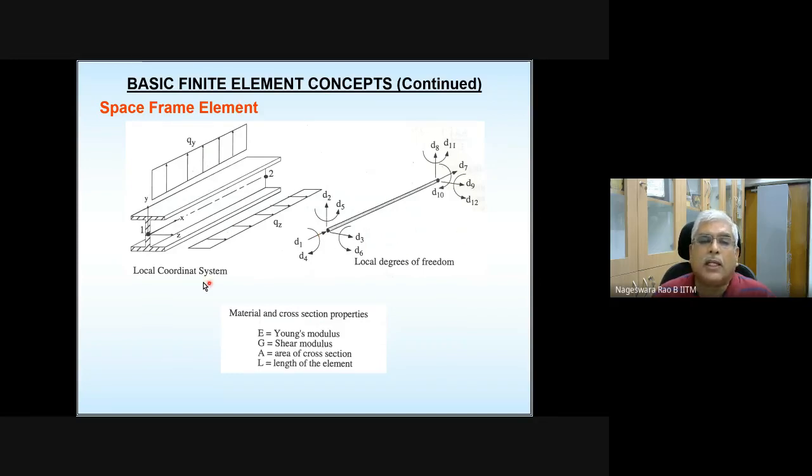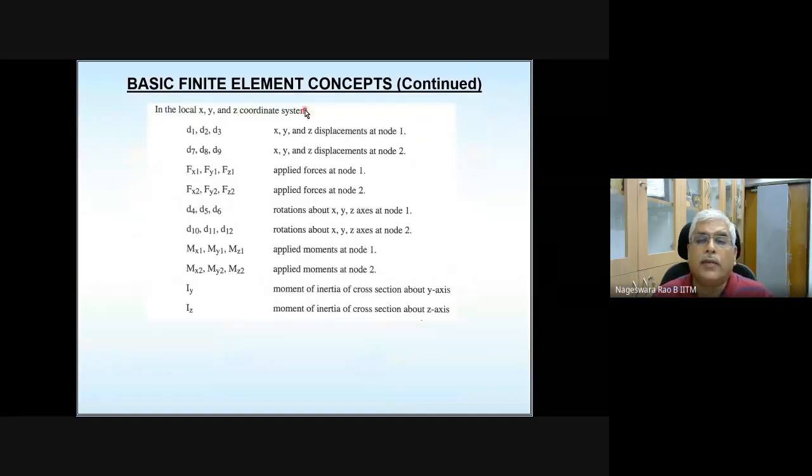So this is a space frame element in the local coordinate system. And these are the various degrees of freedom, and also other quantities, forces, moments.